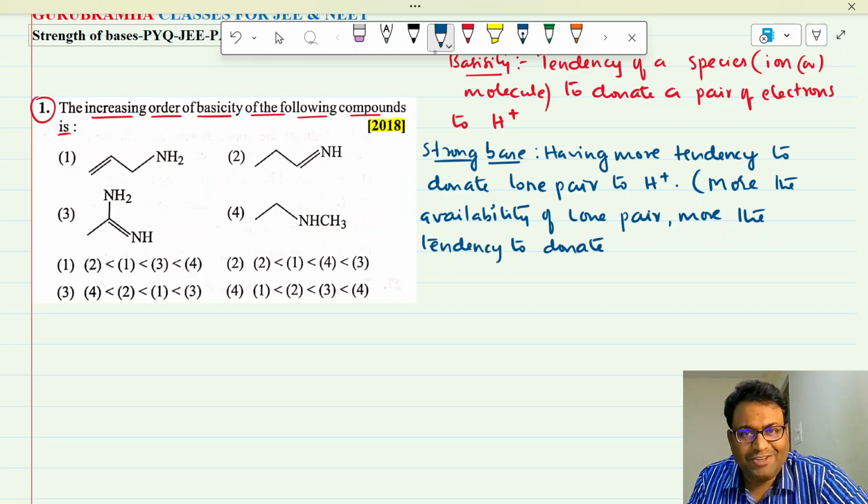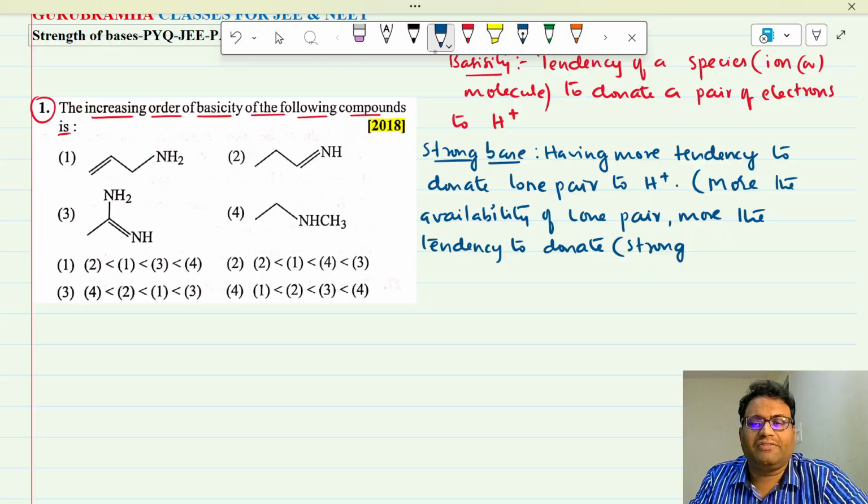If there is more availability, then it can donate, right? If there is less availability, it cannot donate. So the lone pair should be more available. Then it can donate. If it is donating that lone pair to H plus, we say that it is a strong base.